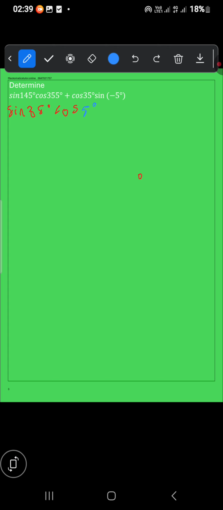Cos 5 degrees plus now cos 35 is fine like this. This is cos 35. Yes. Then sine of negative 5. Negative sine 5.